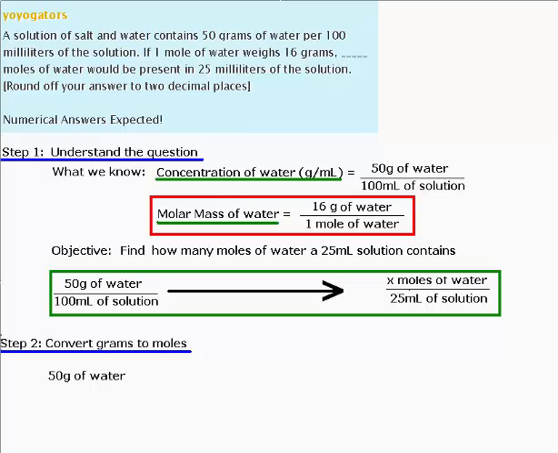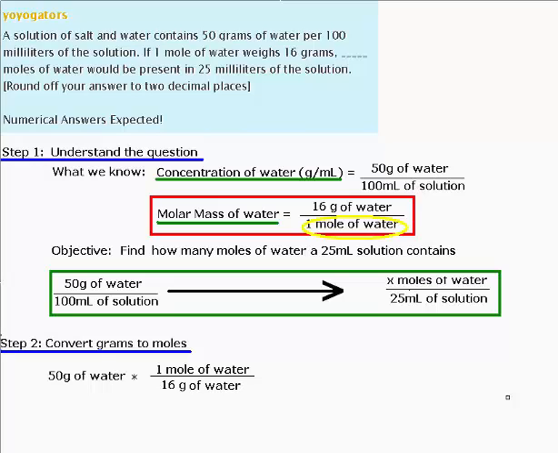It tells us that 1 mole of water weighs 16 grams, but we're only interested in the moles of water portion of this ratio. That is, we need the moles of water to be in the numerator, not in the denominator, and we do that by multiplying the 50 grams of water by the inverse of the molar mass ratio. That is, we're taking the 50 grams of water multiplied by 1 mole of water over 16 grams of water.